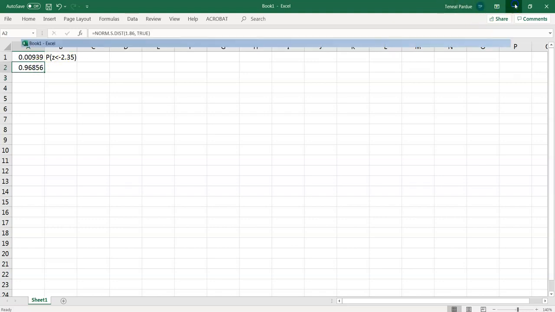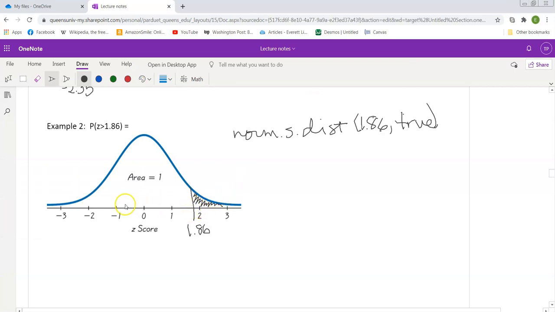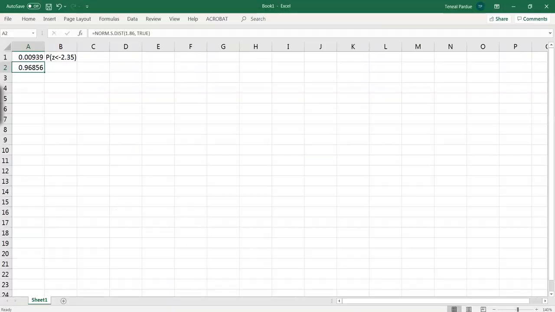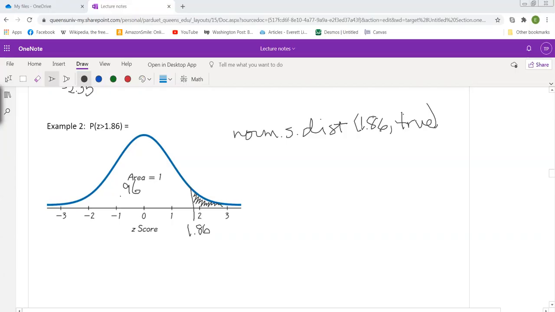Anyways, so this gives us the area to the left. If we want the area to the right, keep in mind that this whole thing together is 1, which means that these are opposites of each other. So if I want to find, let's see, they said this was 0.9686, I believe. Yeah.